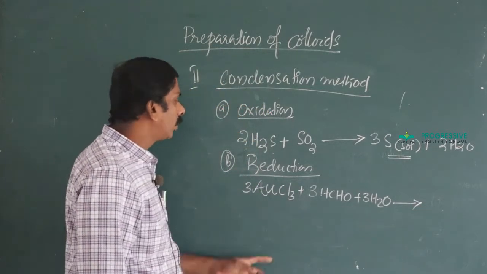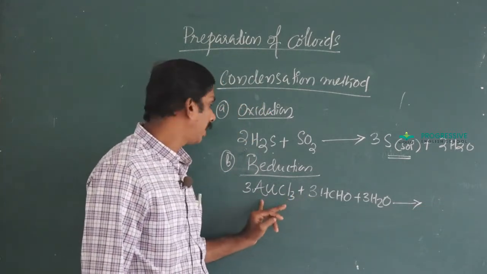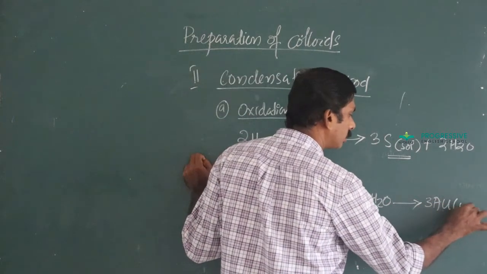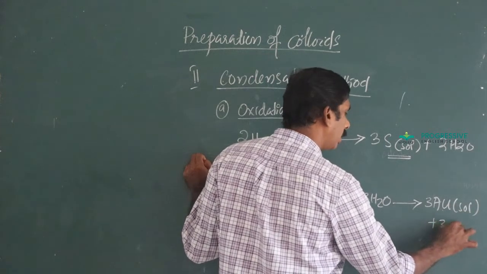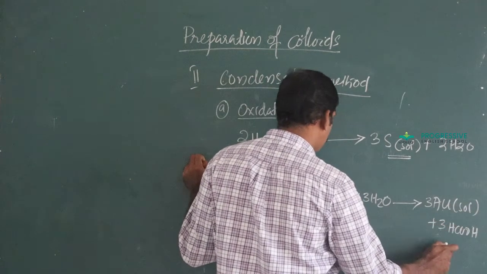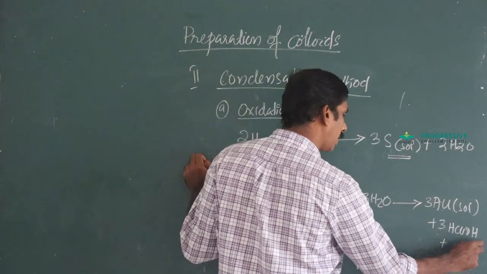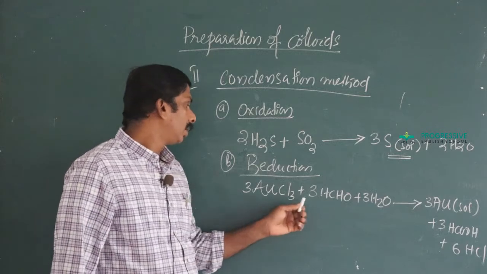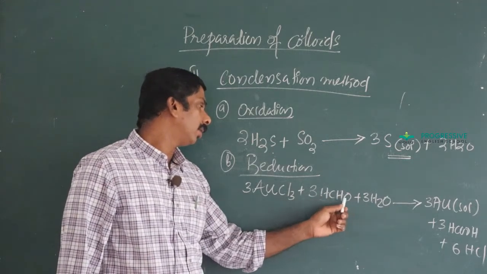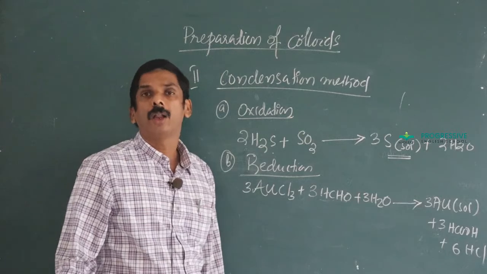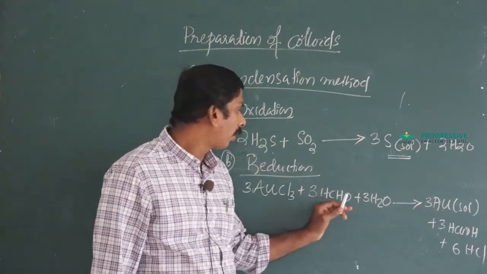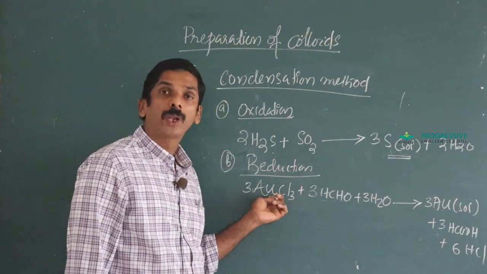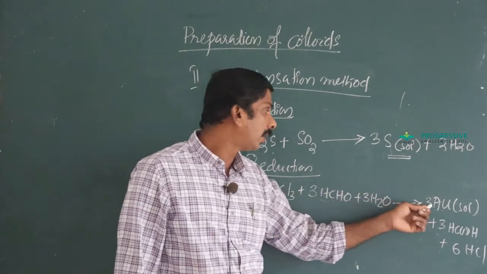By using an aqueous solution of formaldehyde, auric chloride is reduced to gold, Au, plus HCOOH or methanoic acid plus HCl. That is, HCHO means methanal or formaldehyde. Aqueous solution of formaldehyde treated with auric chloride, we get colloidal gold.